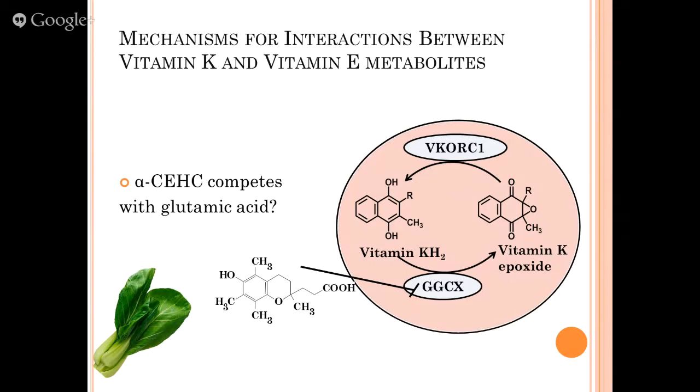And probably 20 years ago, alpha-tocopherol quinone was suggested to be a great interferer like warfarin. Now the only problem with that is if you take vitamin E supplements, you don't make oxidized vitamin E. You end up with more of the vitamin E metabolite, which is the CEHC.